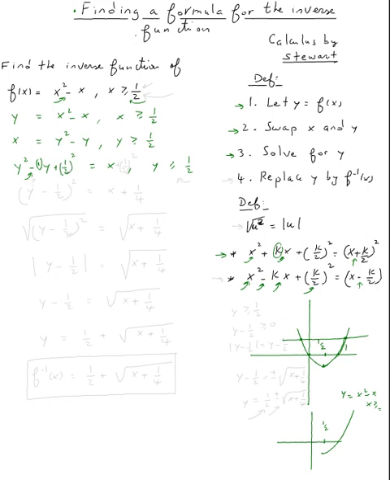Now if I add 1 over 2 squared, I have to do the same thing to both sides. I need to add 1 over 2 squared to both sides of the equation. I can't just add it to one side. Now the left side, according to this formula, becomes y minus 1 over 2 squared.